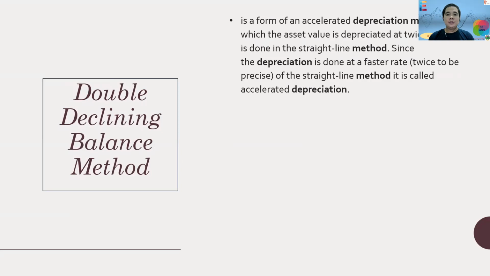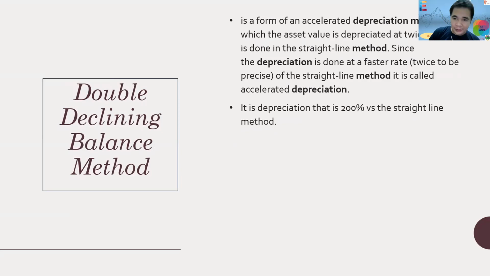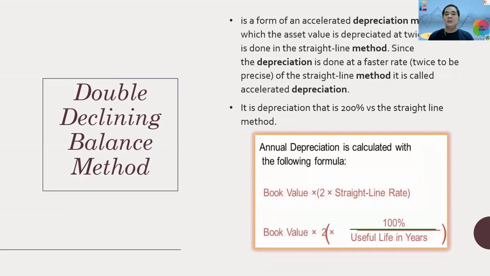Since the depreciation is done at a faster rate, twice to be precise, than the straight line method, it is called an accelerated depreciation. So each depreciation is 200% versus the straight line method. Now, you already know that the multiplier for a double declining balance method is equivalent to 200%. Okay.